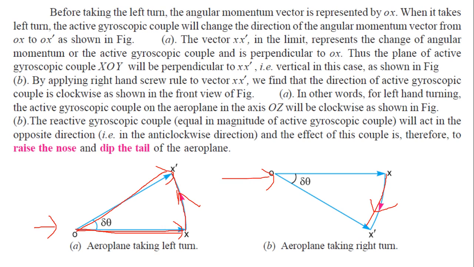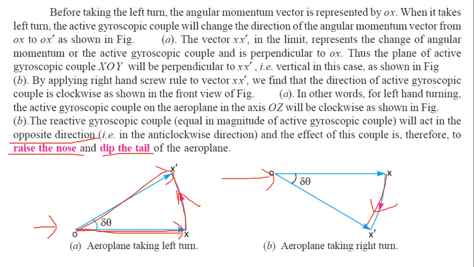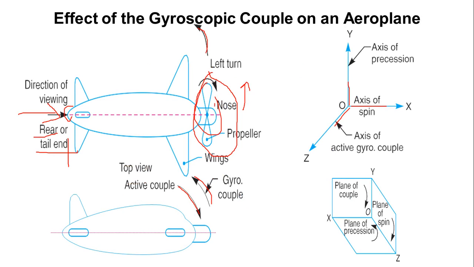The reactive gyroscopic couple is equal in magnitude to the active gyroscopic couple, but will act in the opposite direction. So reactive will always be in the opposite direction, that is in the anti-clockwise direction. In this case the effect will be that it will try to raise the nose and dip the tail. Why? Because when it takes a left turn here, it will try to raise the nose, whatever this part is going to rise here, whereas the tail part is going to dip.